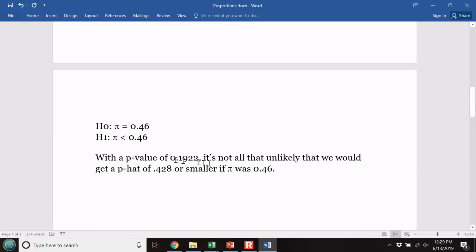And finally, the opposite. Since the p-value is greater than alpha, we fail to reject H0. If you want to emphasize that, go ahead and emphasize it.